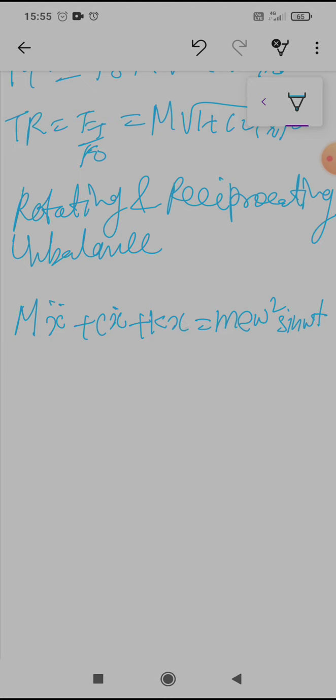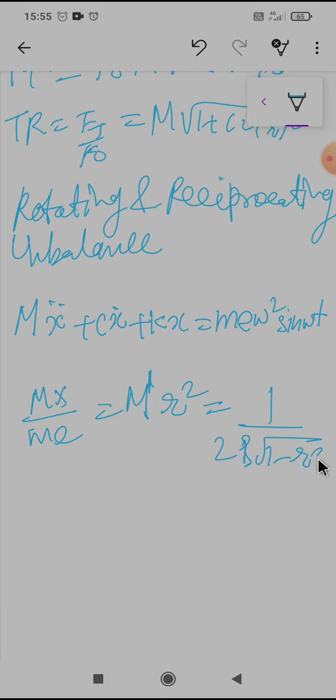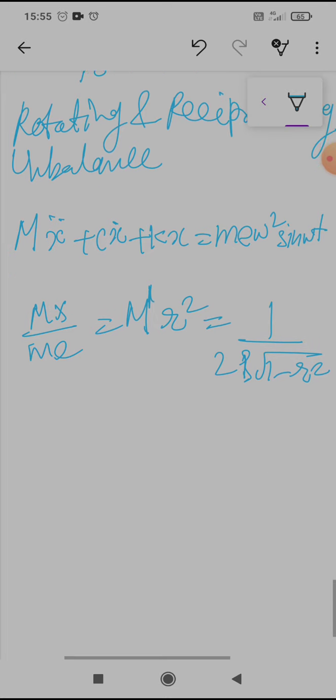Here we got MX upon me is equal to the magnification factor, that is M dash r square. So we can also write this as 1 upon 2 zeta under root of 1 minus zeta square. So this is for rotating and reciprocating unbalance.